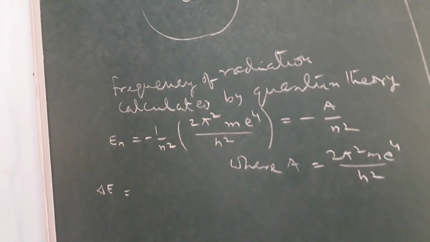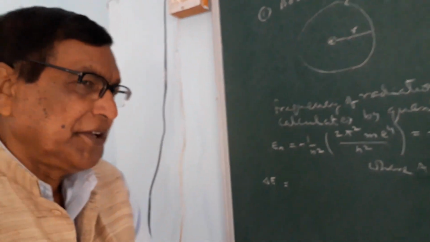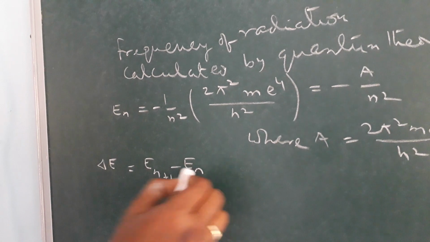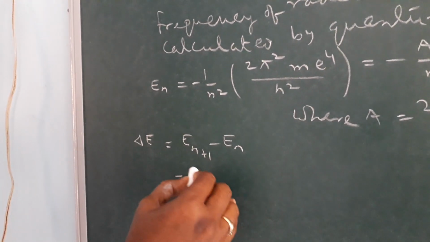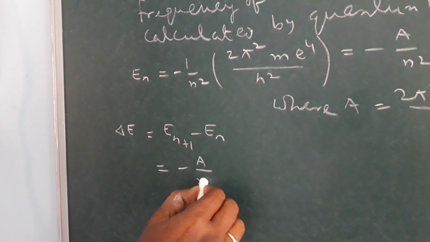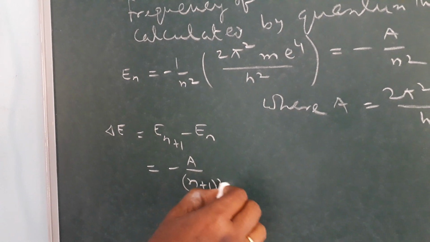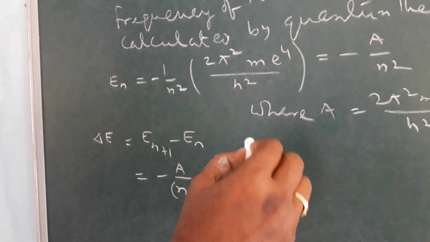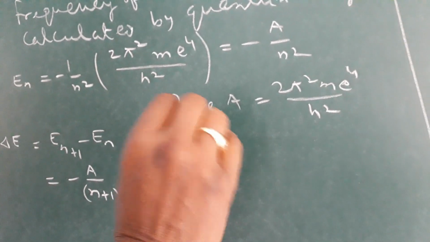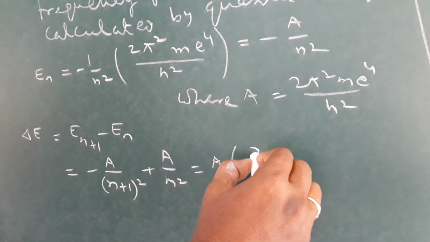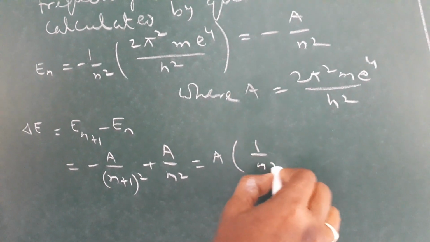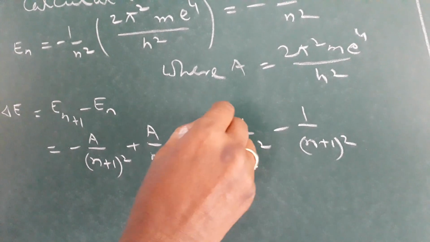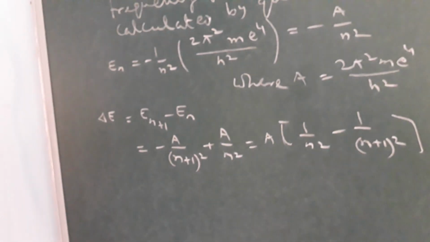Then the energy difference between the two successive levels, delta E, equals E n plus 1 minus E n, and this is equal to minus A divided by n plus 1 whole square plus A by n square, so this is equal to A into 1 by n square minus 1 by n plus 1 whole square, and this is the energy difference between the two successive levels n and n plus 1.